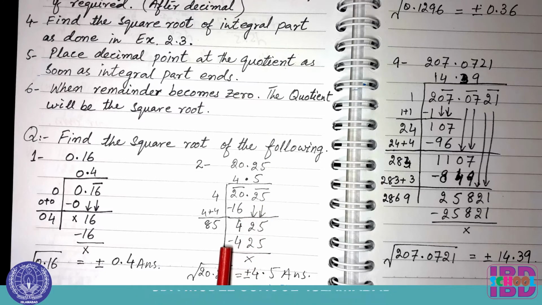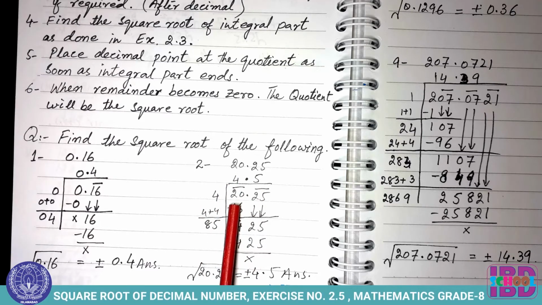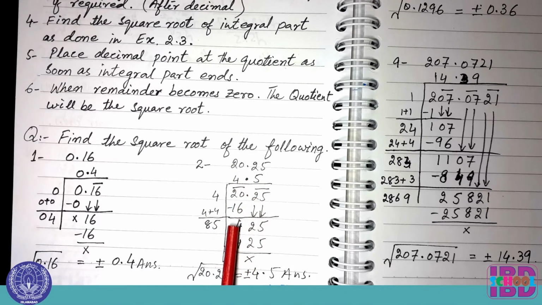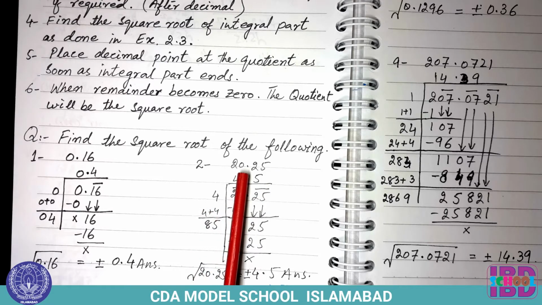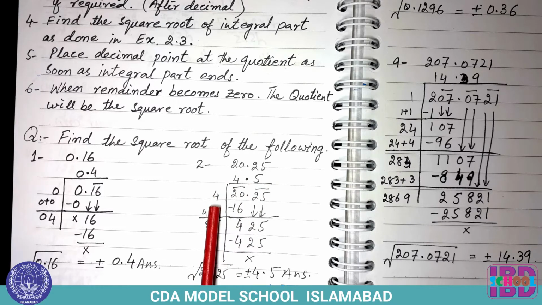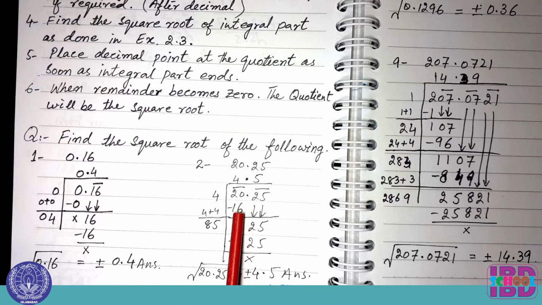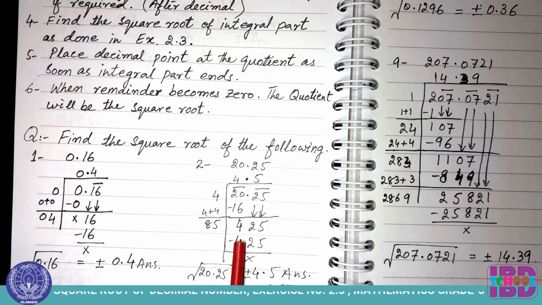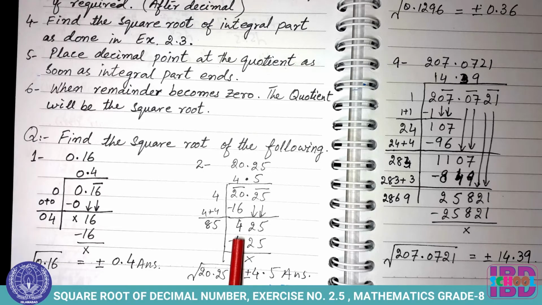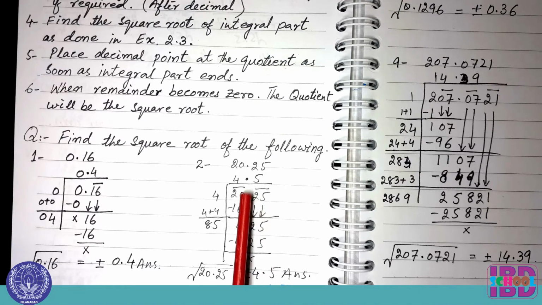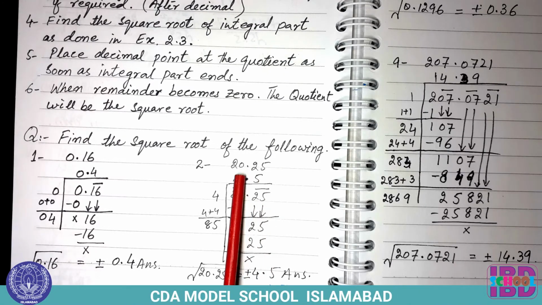Now we find the number whose square is less than or equal to 20. Here we use 4 into 4. So we write 4 on the left and top and 16 below the 20 and subtract. The remainder is 4. Since next is the decimal point, we shift it in the quotient.